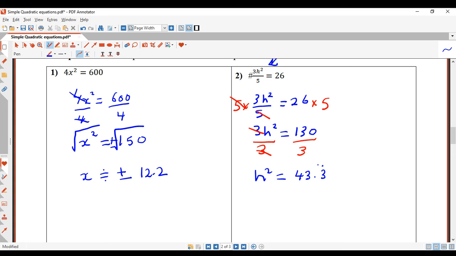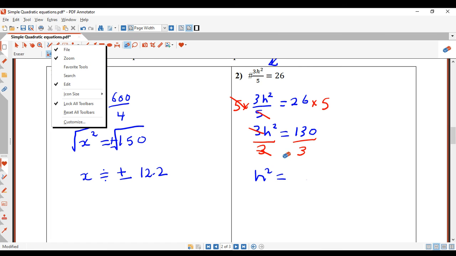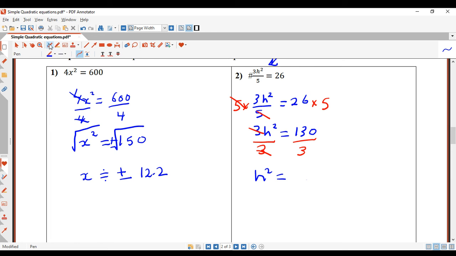Now, because it doesn't simplify to a nice number, I would rub that out, and instead I'd leave it as 130 on 3. So when I do my square root, I'm actually going to square root the fraction. This will give me a more accurate answer.